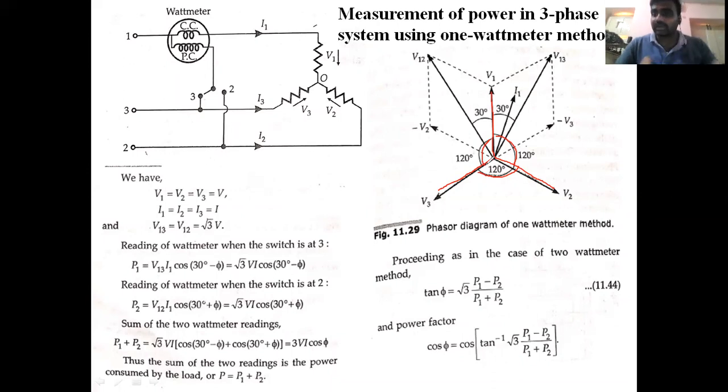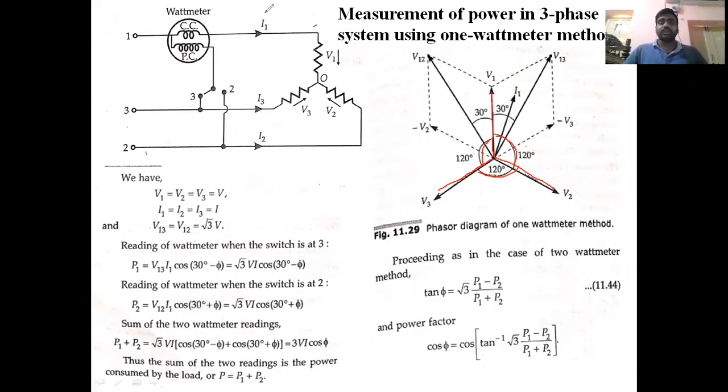That means there is an equal distribution of phase angle between V1, V2, and V3. So in this description we can clearly observe the phase angle between the voltages.